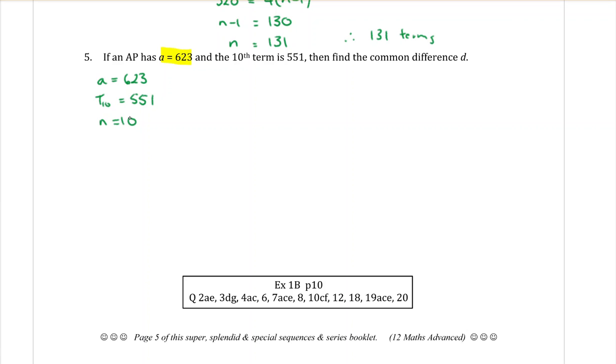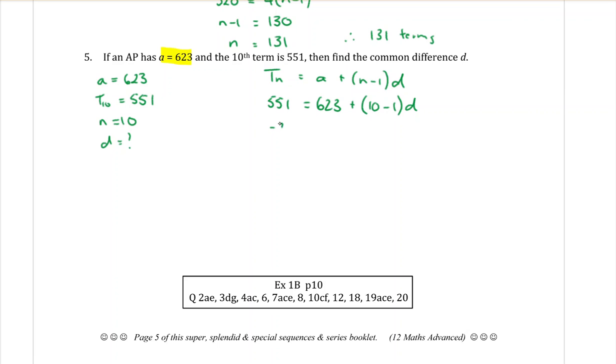So in the formula, sub all those things in that we know, and we're trying to find the common difference. So T of n, or T10 actually, is 551 equals A is 623 plus, open a bracket, n is 10, 10 take away 1, and we're trying to find the D. Solving that equation, subtract the 623 across the other side.